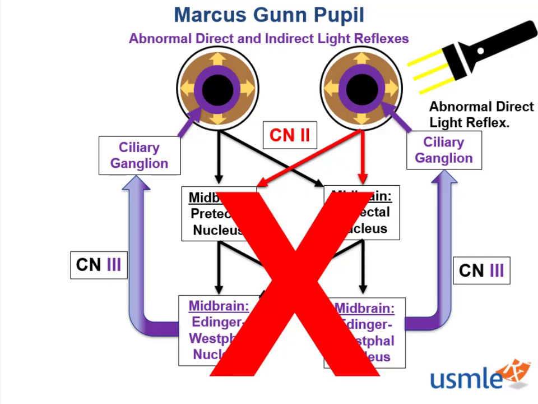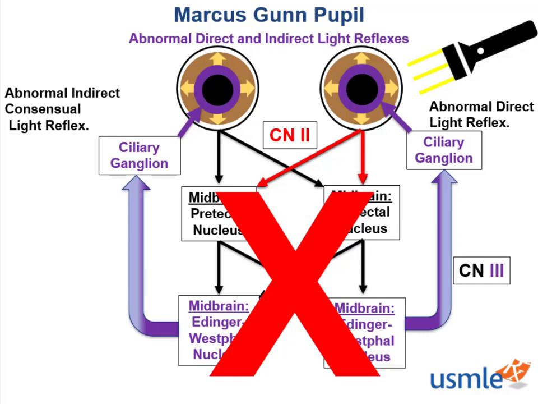Moreover, this demonstrates an abnormal indirect light reflex as the pupil of the opposite eye failed to constrict because the crossovers in this pathway could not be engaged. Together, abnormal direct and indirect light reflexes constitute a relative afferent pupillary defect, abbreviated RAPD.